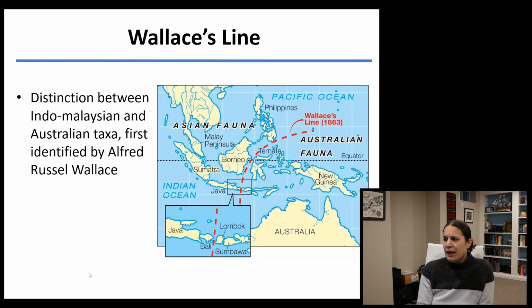This line is a very stark turnover in species between Indo-Malaysia and Australia. You can have islands that are geographically closely located to one another, but have vastly different endemic species assemblages with vastly different evolutionary histories. Because we have such a stark species turnover over Wallace's Line, that tells us there must be some barrier that's preventing dispersal.